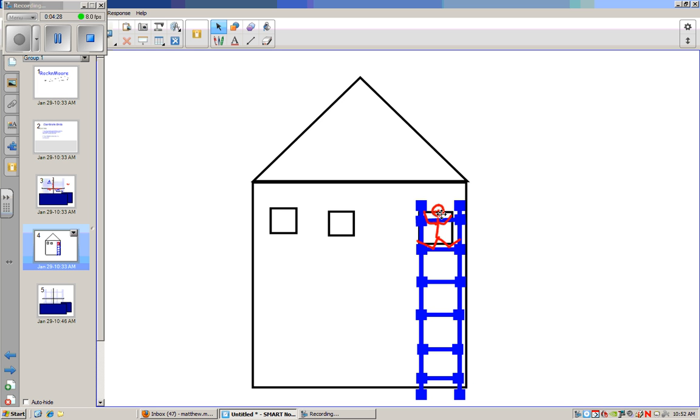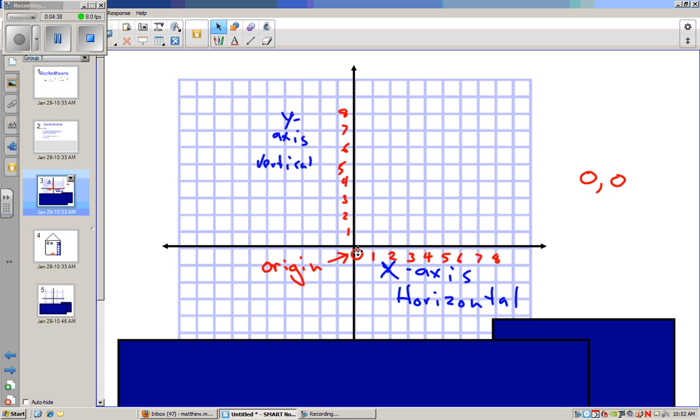He's going to end up falling over and probably not being a very happy Mr. Rockenstein. So in order to make sure that we do those things correctly, when we look at our ordered pairs, the first number always is the over, or the x, and the second number refers to the up, or going up the ladder. We always put the ladder where we need it, and then we climb up it.